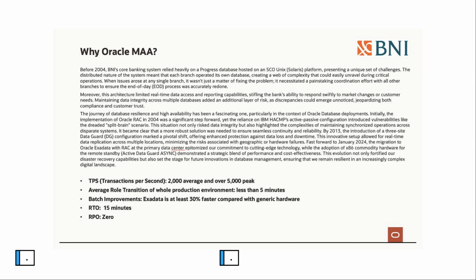But there were some challenges at that time because we were using the IBM technology HACMP, where there might be a possible split brain because of the difference of architecture, where the technology from IBM is actually active passive, while RAC is actually active active.